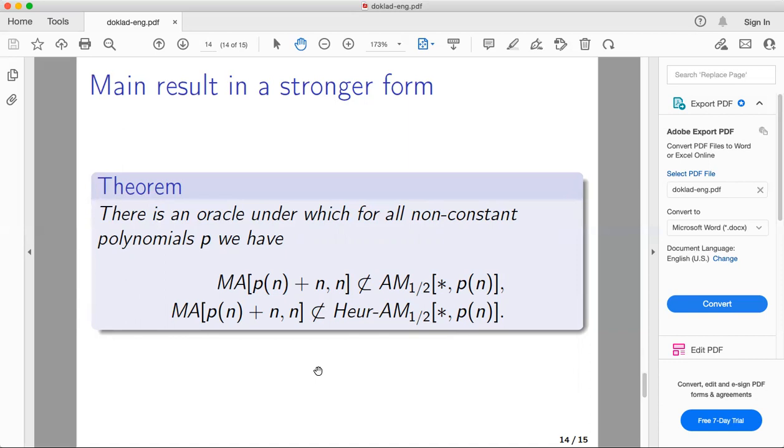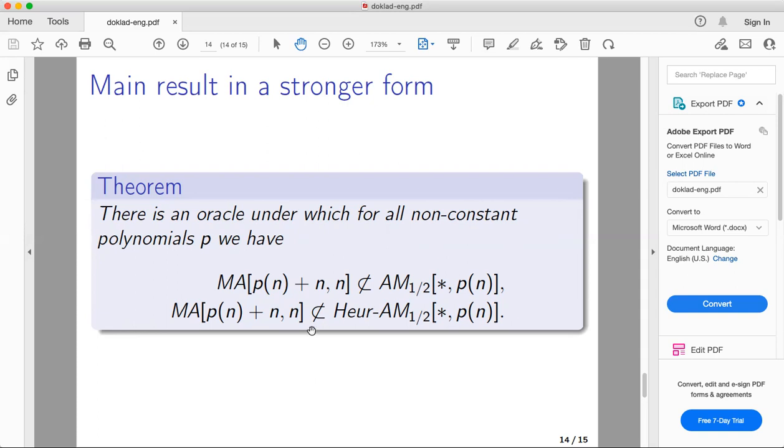And still, one can show that there is an oracle under which, for all polynomials, we have that the class MA with parameters P of n plus n and n is not included in the class AM with parameter 1/2, where the amount of randomness is P of n. And because this holds for all the polynomials, it refutes the simplified version of Knop's conjecture in an even stronger way.